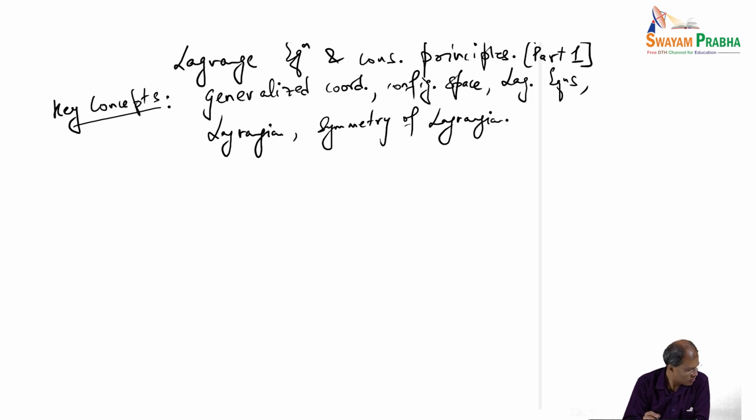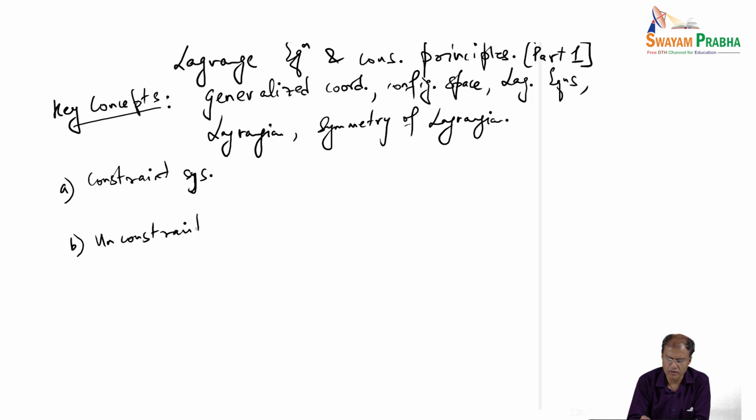Okay, so we will start with the type of constraints in the system. To begin with, we could have either a constrained system, or we could have an unconstrained system, depending on the type of problems we are considering.